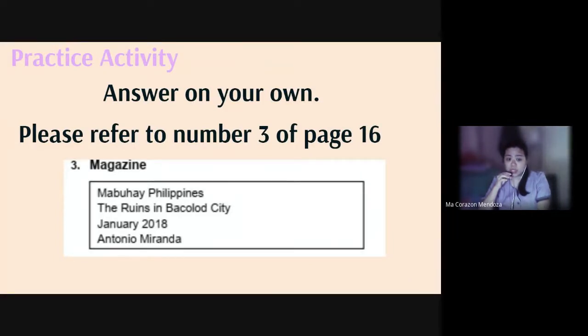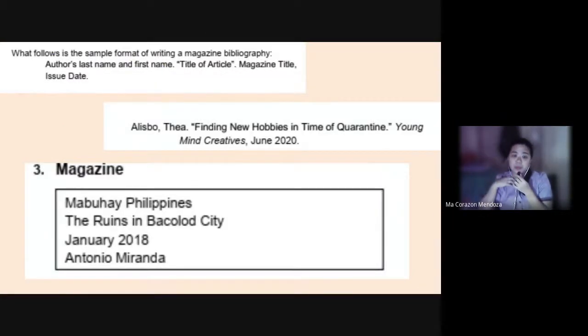The Ruins in Bacolod City is the title of the article. January 2018 is the publication date. Antonio Miranda is the author. So this is the format.